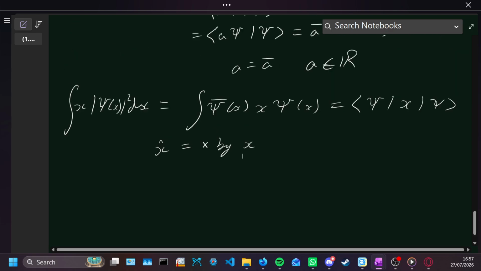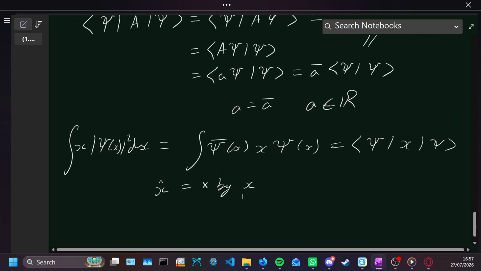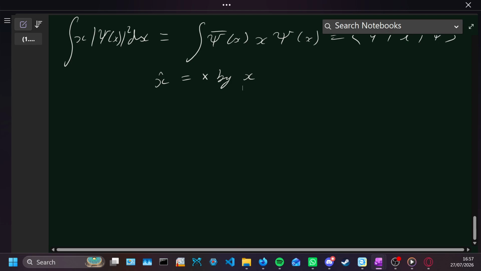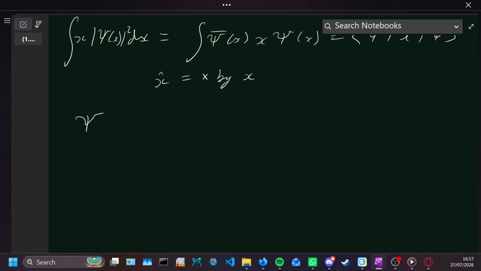And so for the next operator, I would like to talk a bit about wave mechanics. We're going to assume that psi takes the form of a plane wave, which is going to be a complex oscillating wave. And so psi of x is equal to e to the i(kx minus omega t).